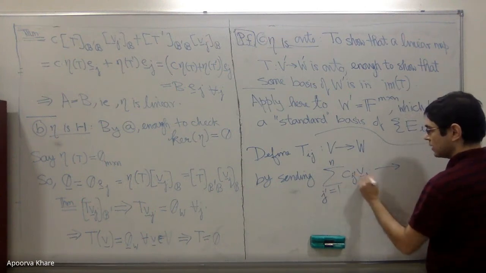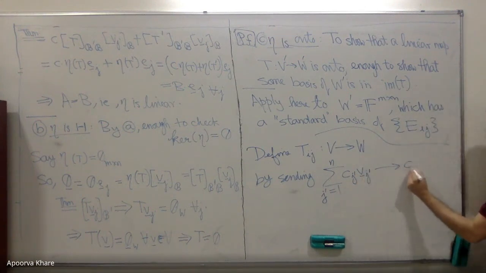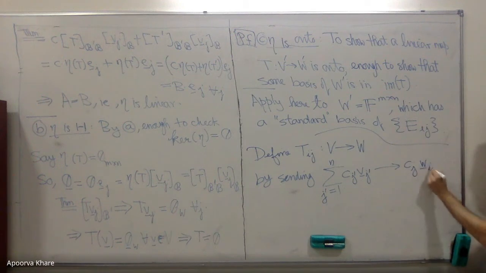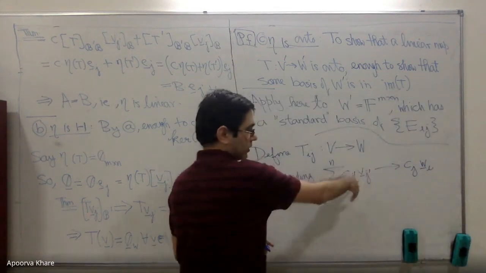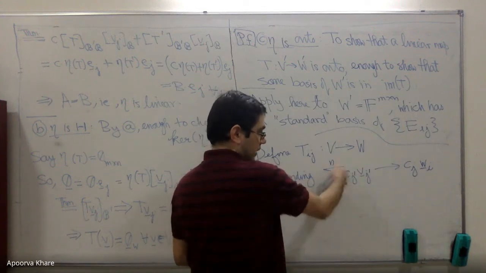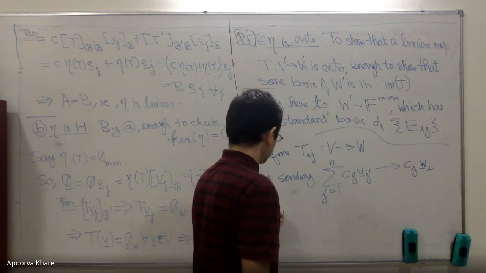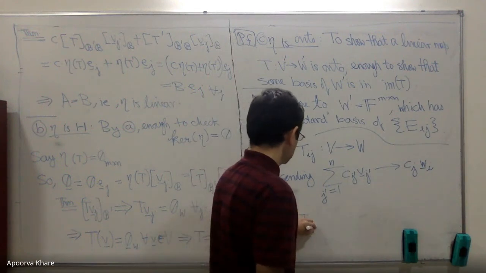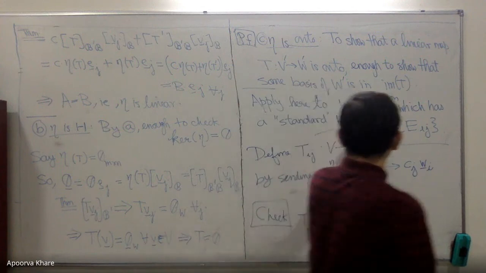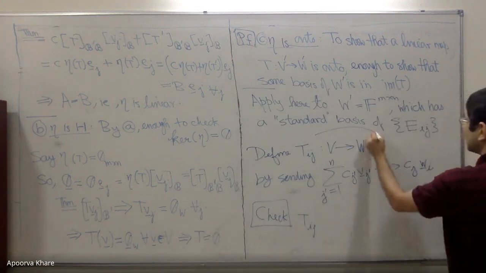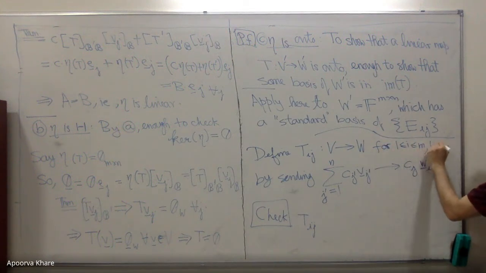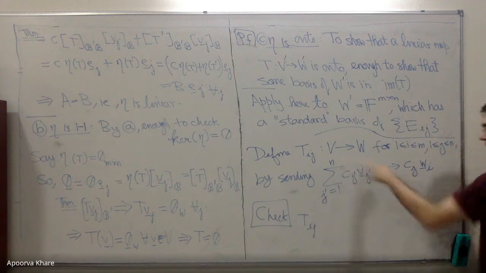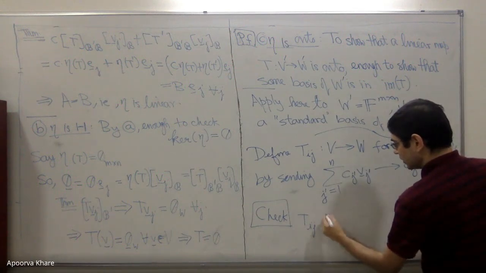So c_j' v_j' goes to c_j W_i. Okay, the claim is this is linear. I will ask you guys to check that this is linear. It's very trivial. Take c times this plus some other expression like this, and check that it maps correctly. Oh, so I should mention here that i goes from 1 to m, for 1 less than or equal to i less than or equal to m, and 1 less than or equal to j less than or equal to n, by sending this thing. So the claim is, check that T_ij is linear.